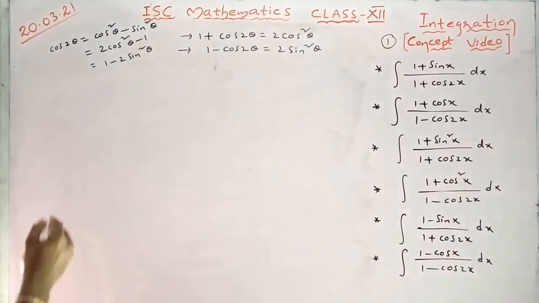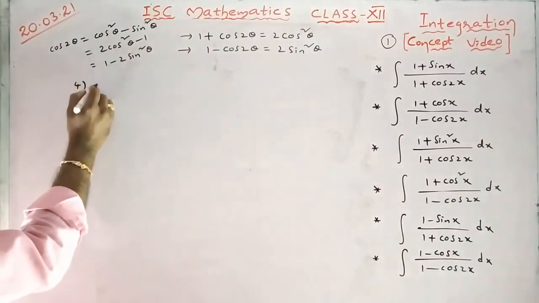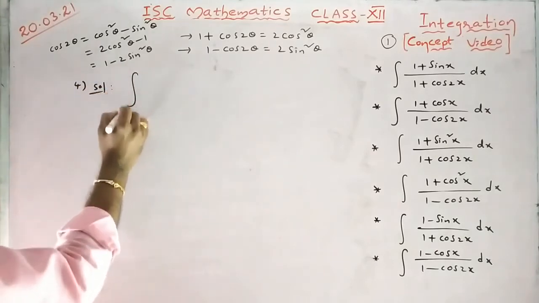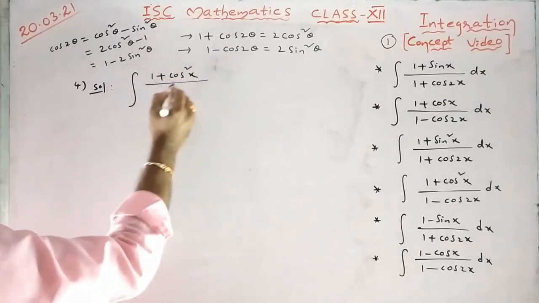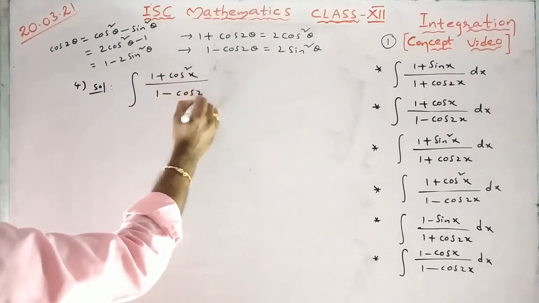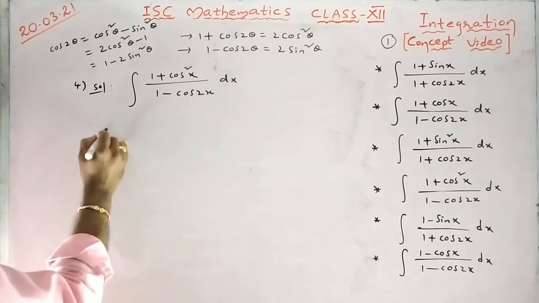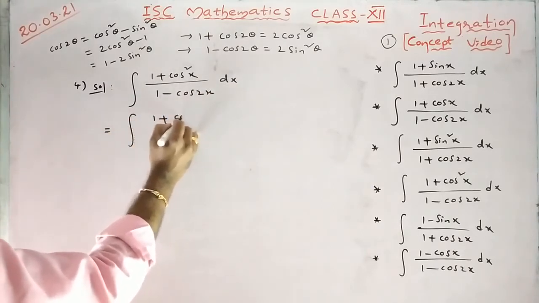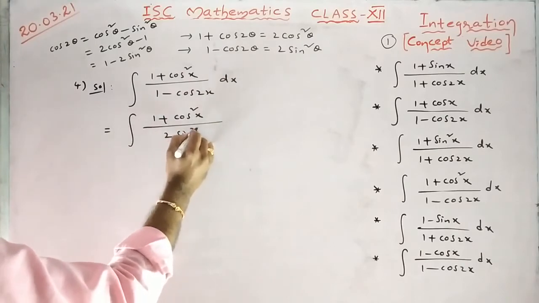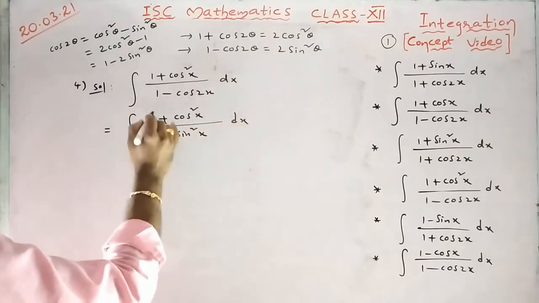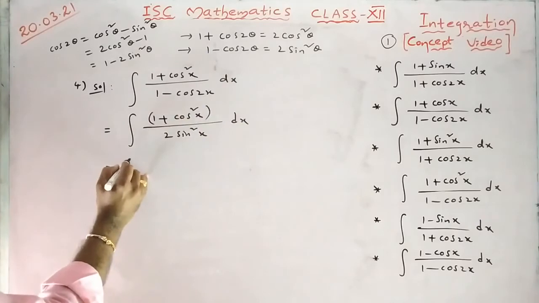Fourth concept: integral (1 plus cos square x) upon (1 minus cos 2x) dx. So in the place of 1 minus cos 2x, what can we write? 2 sin square x dx. Now split it.